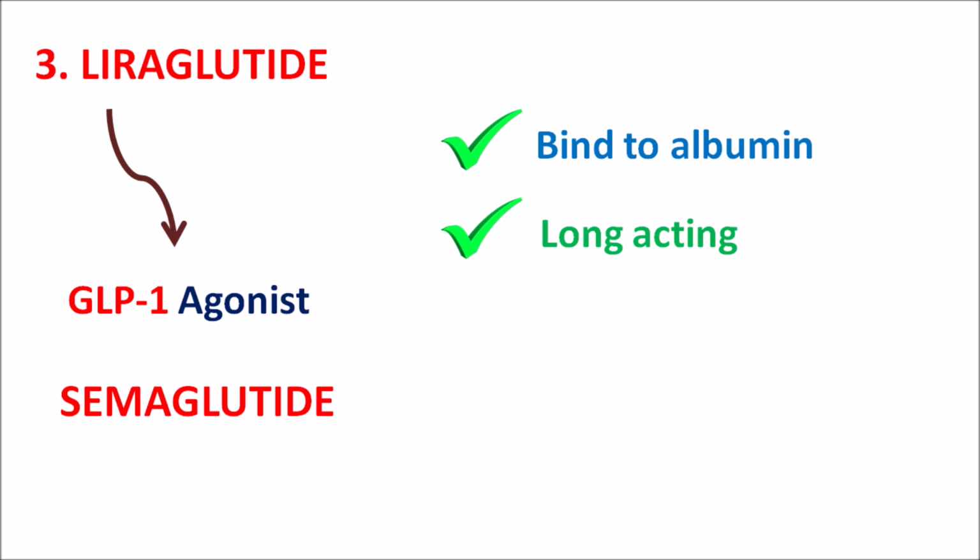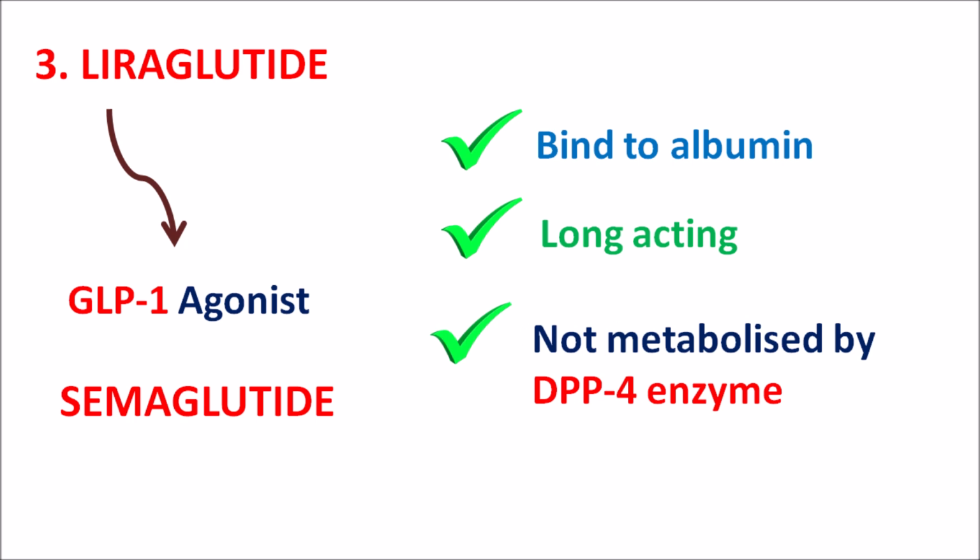Normally glucagon-like peptides are metabolized by the DPP4 enzyme, dipeptidyl peptidase 4, but liraglutide and semaglutide are not metabolized by the DPP4 enzyme, so they have high bioavailability. Because of all these advantages, liraglutide and semaglutide are nowadays good drugs to control the body weight.